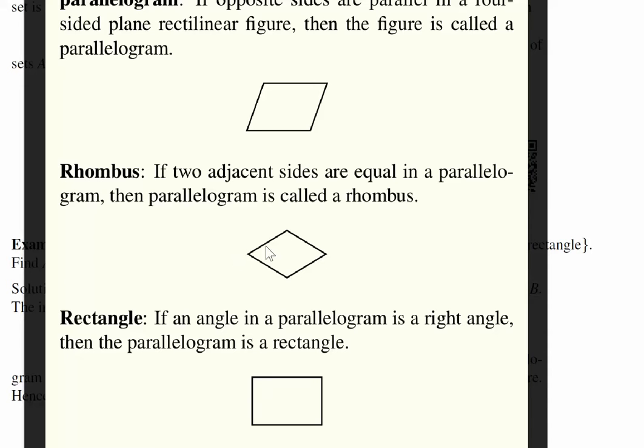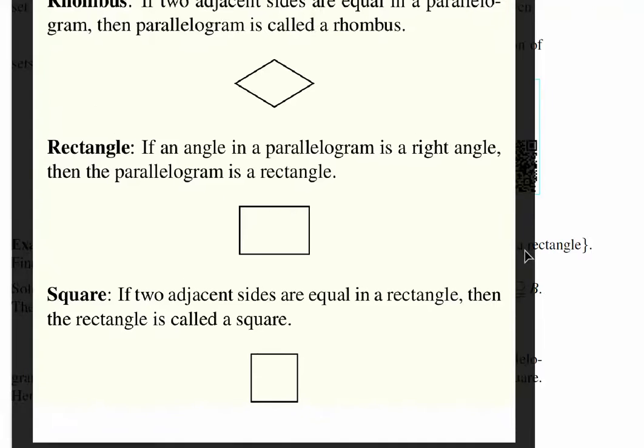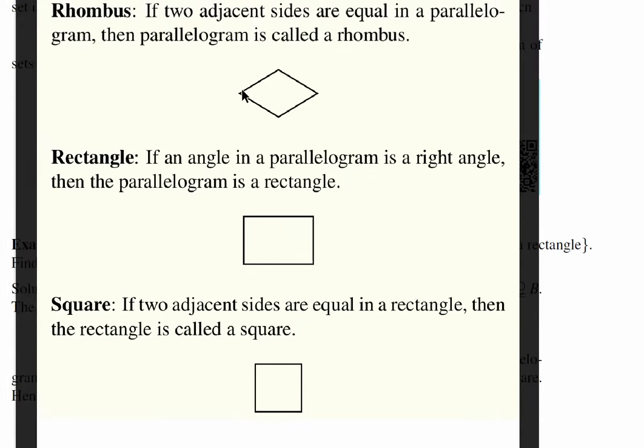If we require one angle to be 90 degrees, that basically says what? One angle is 90 degrees, the rest of the three have to be all right angles, all 90 degrees.